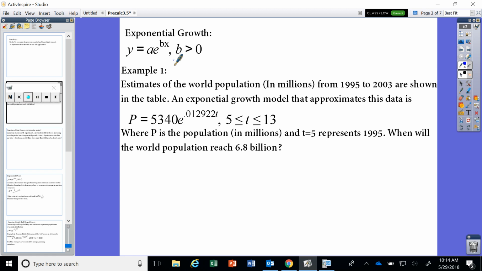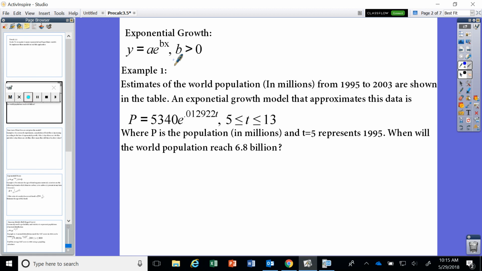It says in the table, and if you want to take a look in your books, it's on page 237, an exponential growth model that approximates the data of the world population can be written as P equals 5,340 times e to the 0.012922 times t, as long as t is between 5 and 13, because we are dealing with years 5 through 13 in this particular example.